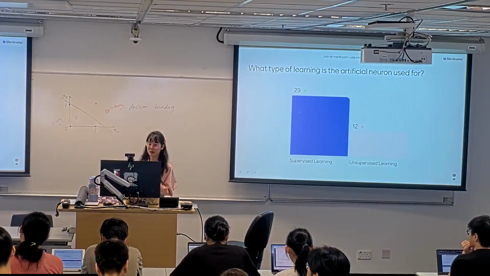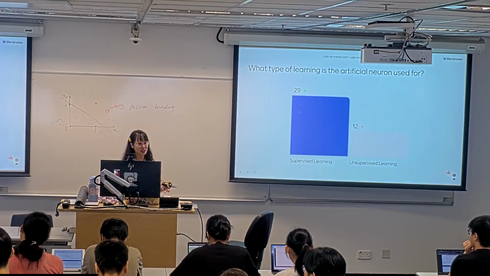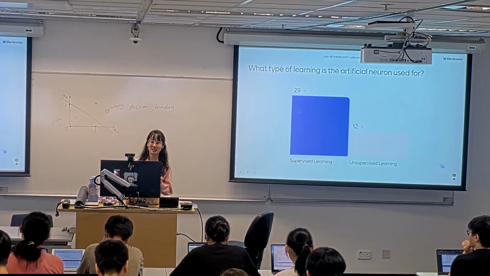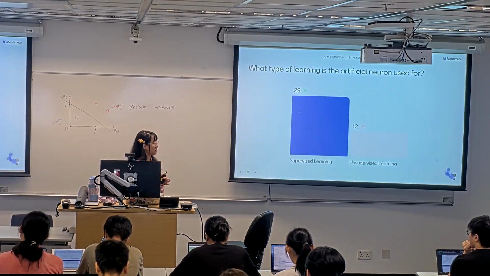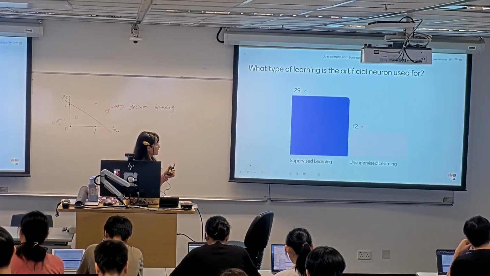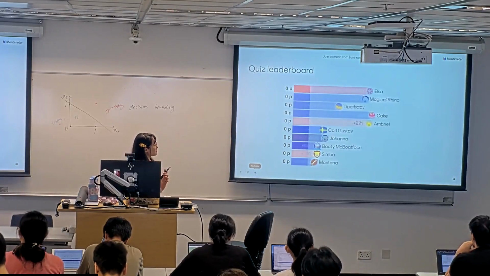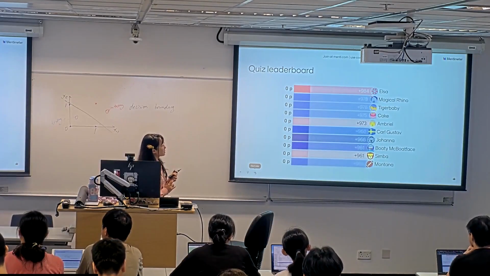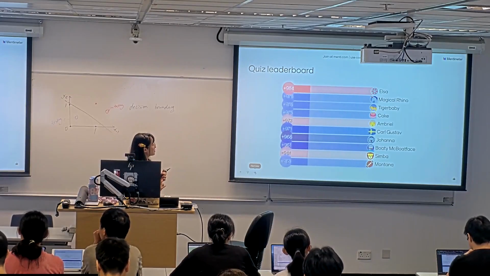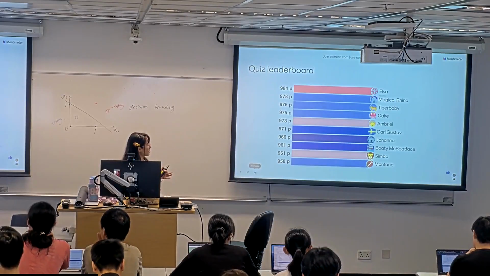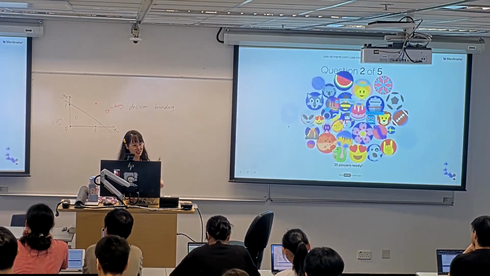If you don't have the big T, you don't know what the error is, and then you don't know how to update your parameters so that it can get closer to the target. So the artificial neuron is used for supervised learning. So let's check the leaderboard. Okay, number 1 is Elsa, and question 2.